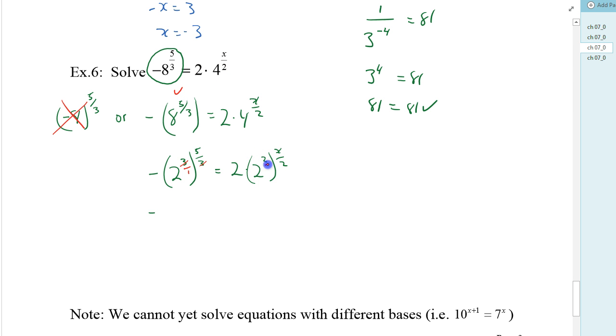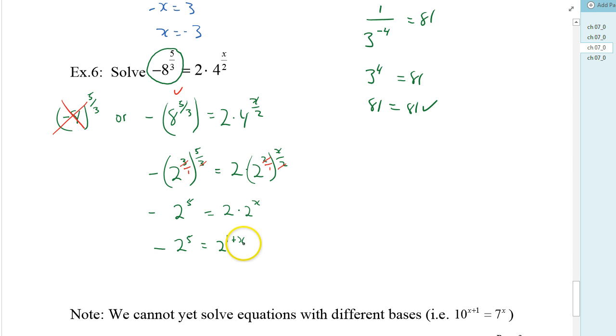Over here, same idea, we can think of this as 2 over 1 times x over 2, so those two cancel each other out. So I get a negative 2 to the power of 5 is equal to 2 times 2 to the power of x. So negative 2 to the power of 5 is equal to 2 to the power of 1 plus x.